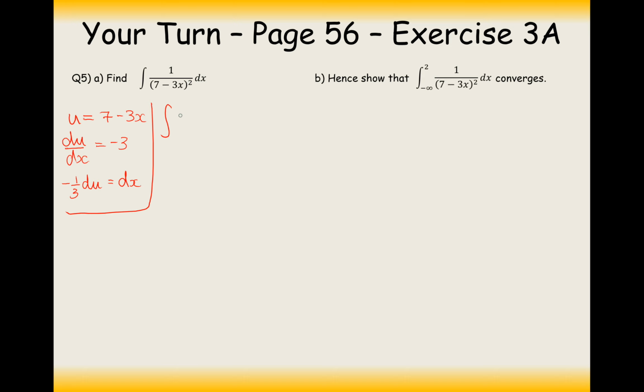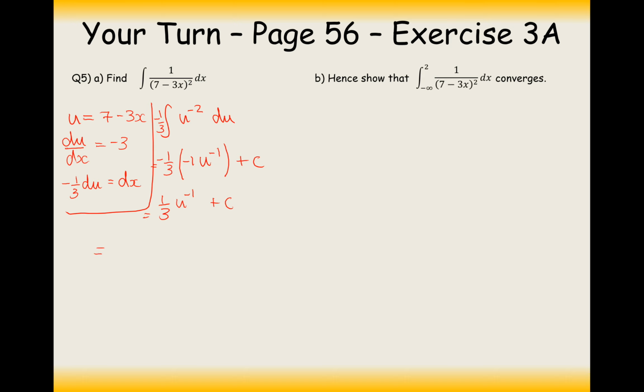So the integral here is going to be u to the minus 2. I'll factorise the minus third to the front, and then it'll be du. So let's now answer this. Increase the power by 1, divide by the new power. So the increase will be up to minus 1, and it will be divide by the new power, so that would be minus 1 at the front, plus c. So it's going to be positive third, u to the minus 1 plus c.